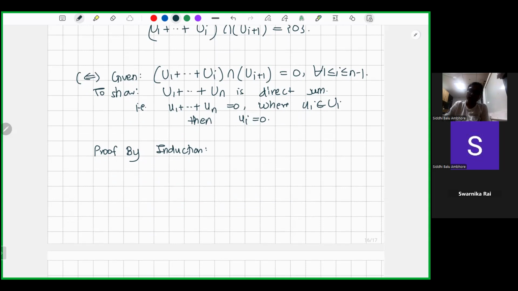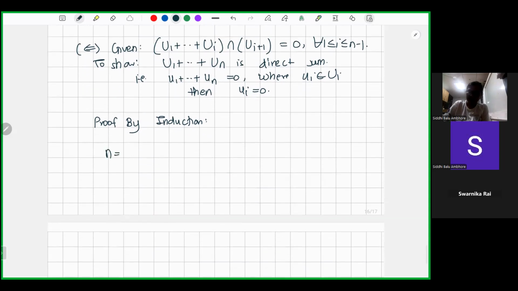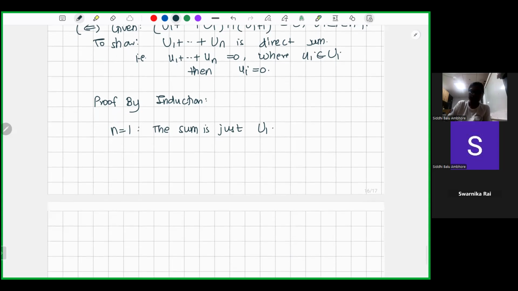So yeah, this is only u1. So n is equal to 1 does not make any sense. Here it is vacuously true because we do not have two vector spaces to talk about direct sum. So if n is equal to 1, then the sum is just u1, and so no intersection condition. So this is vacuously true because there is nothing to check.